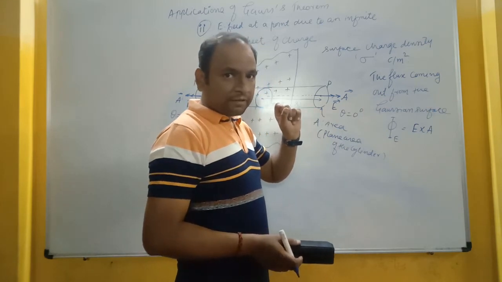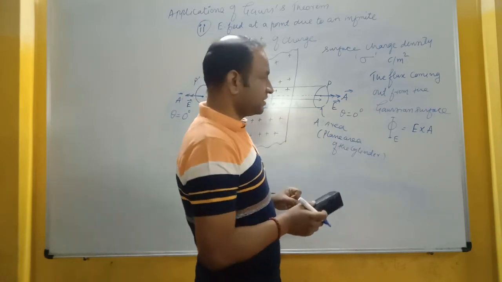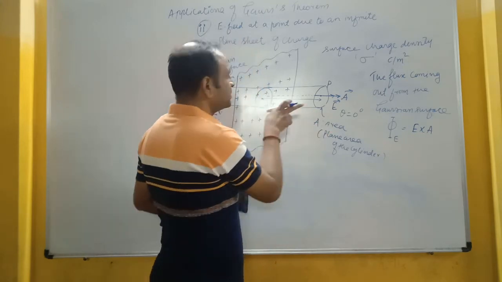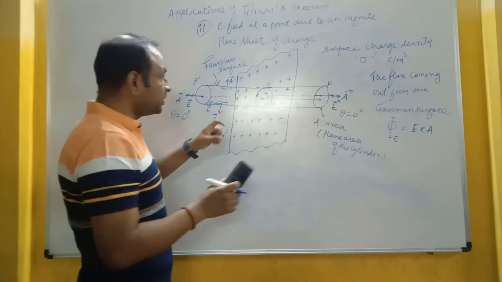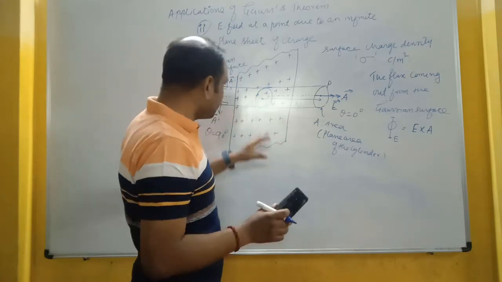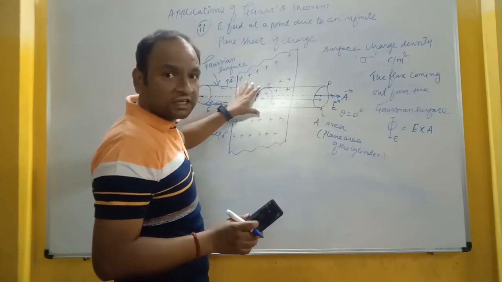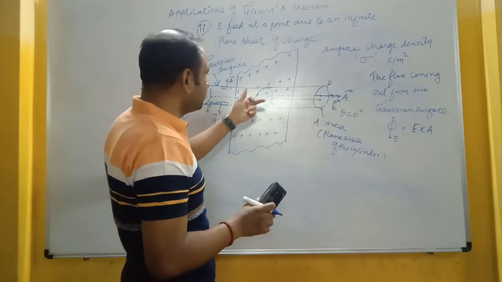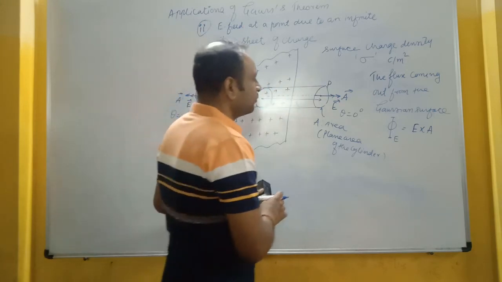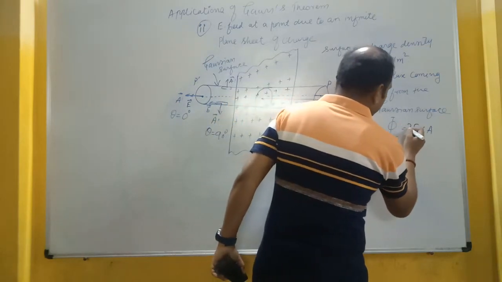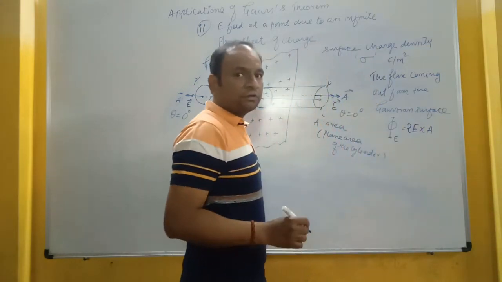But there are two surfaces. One surface is here, another surface is here. So the total flux that is coming out from this whole surface would be in this direction as well as in this direction. Therefore, we should multiply it by 2. It would be equal to 2 into E into A, right?